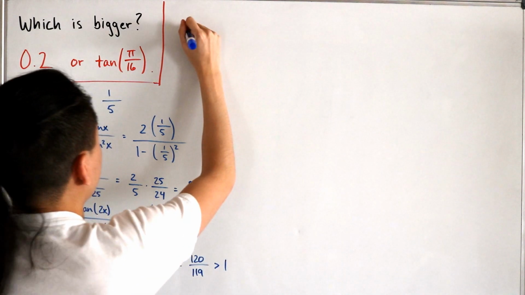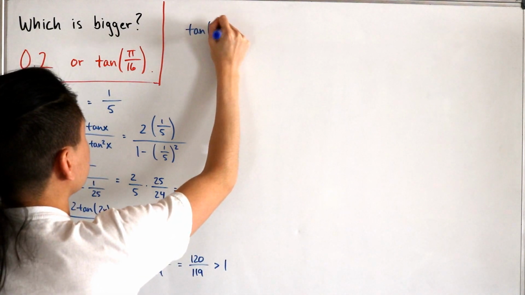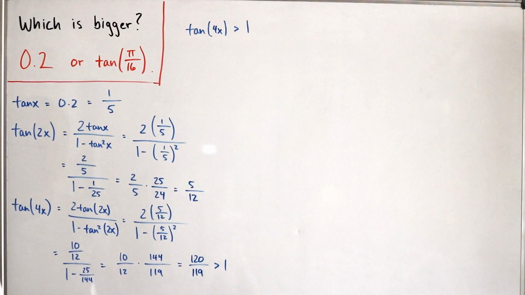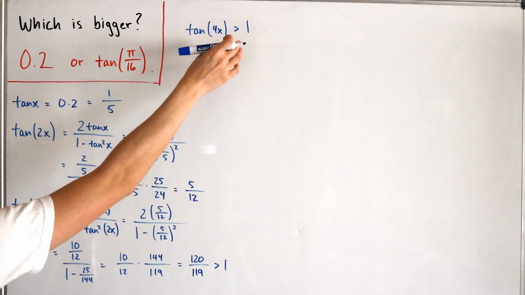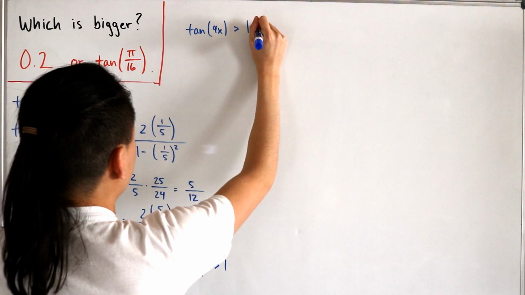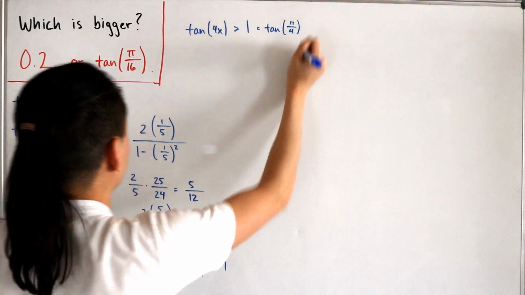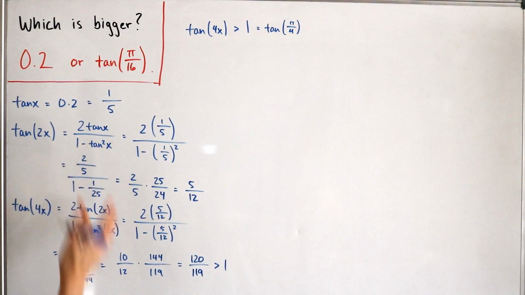Then we can say that tangent of 4x is strictly greater than 1. So we create ourselves this little bound, this inequality. We can also write 1 as tangent of pi over 4. That's why it's important that we established this.